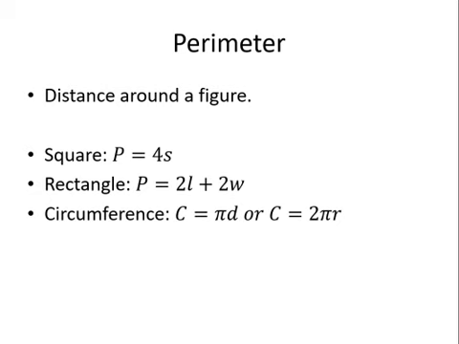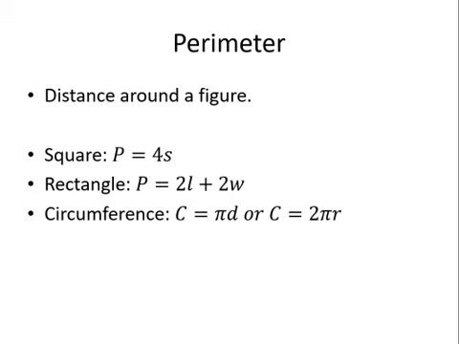So the circumference is pi times d, or you can use the circumference is equal to 2 pi times r. D is the diameter, the length from one side of the circle to the other going through the center, and the radius is the distance from the center to one side. You have two different formulas because the diameter is always twice your radius.